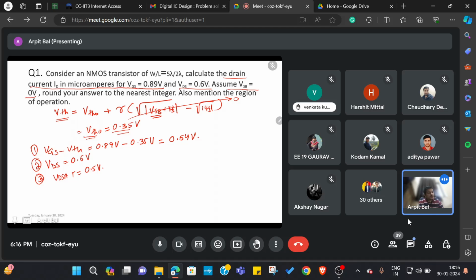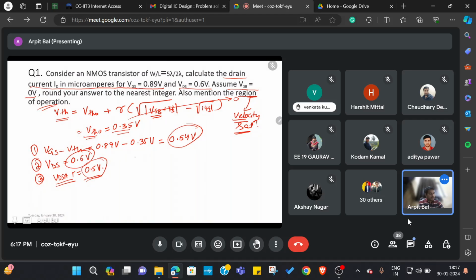Out of these three values, the minimum is 0.5 volt for VDSAT, which means the region of operation is velocity saturation. So we are going to use the VDSAT value in the Vmin equation.